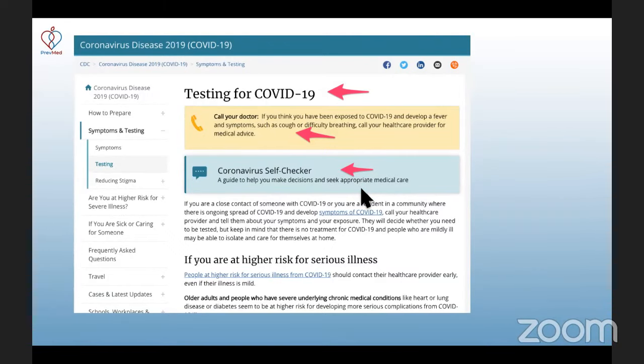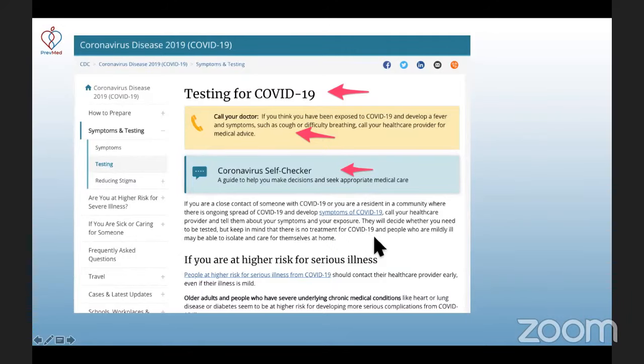it's titled testing for COVID-19, but really it's talking about symptom checking and calling your doctor if you have symptoms. So next it says, if you're in close contact with someone with COVID-19 or a resident in a community where there's ongoing spread of COVID-19 and develop symptoms of COVID-19, call your doctor, call your provider, tell them about your symptoms and exposure, and then they'll decide whether or not you need to be tested.